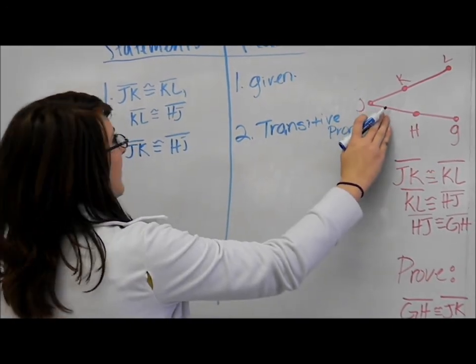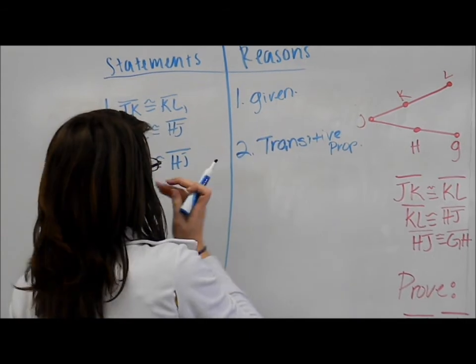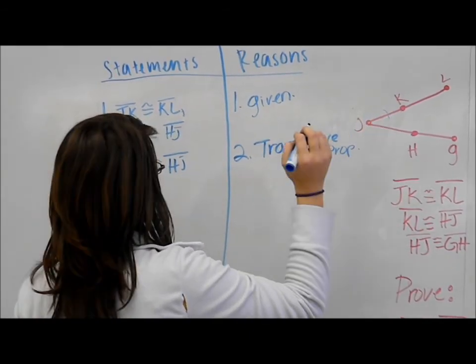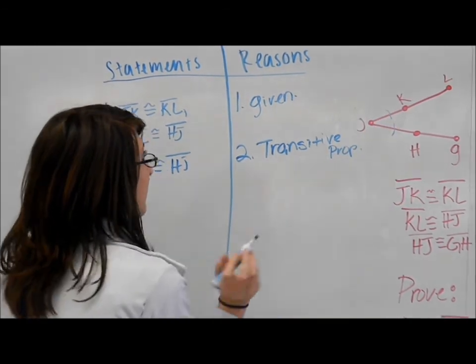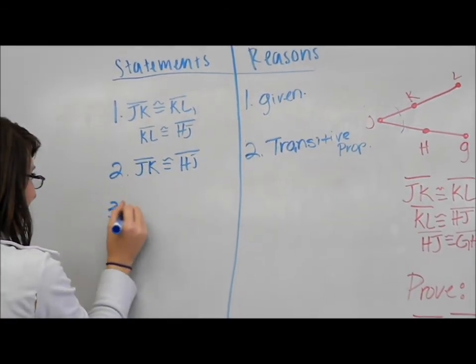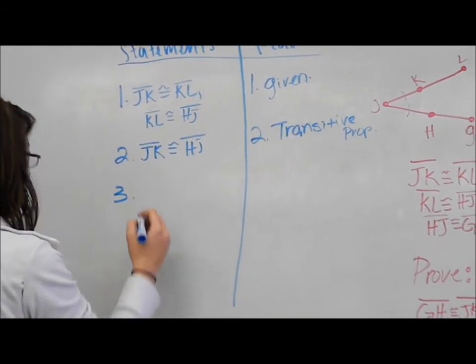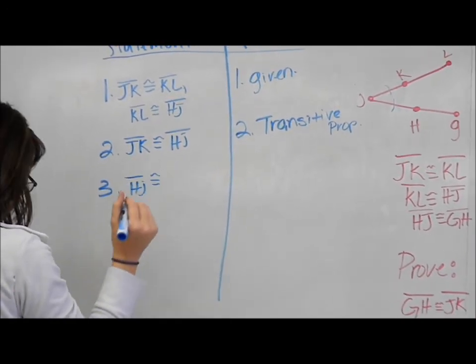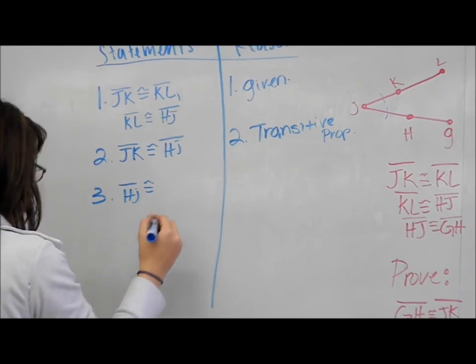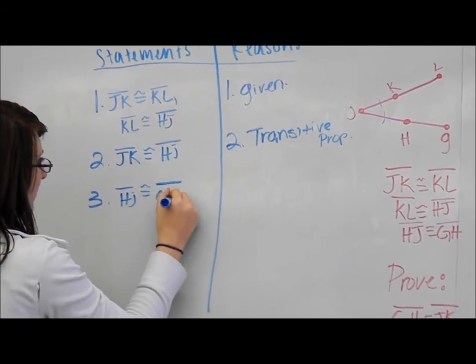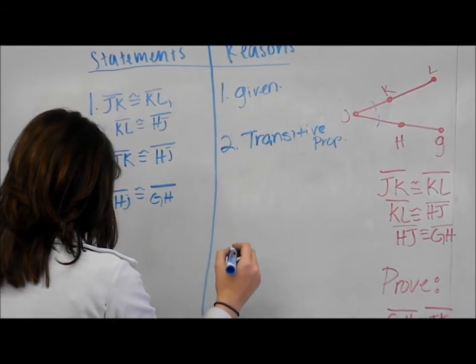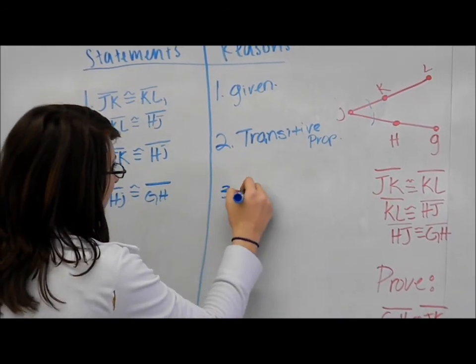And that's because they are equal. For 3, we have segment HJ is congruent to segment GH by also the given.